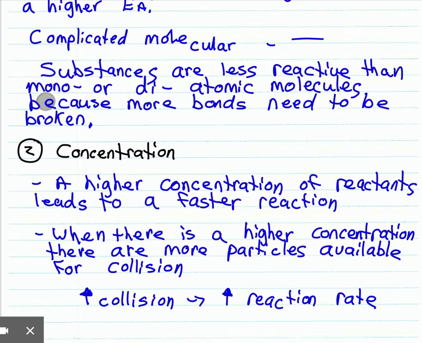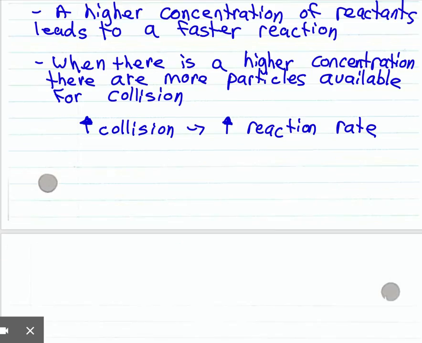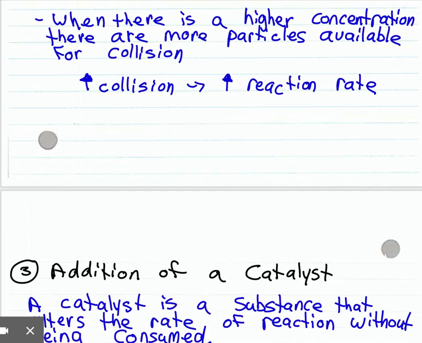When you have more particles available for collisions, you're going to get an increase in collisions, which is going to lead to an increase in reaction rate. So hit pause and copy that down. All right, so that's very straightforward.